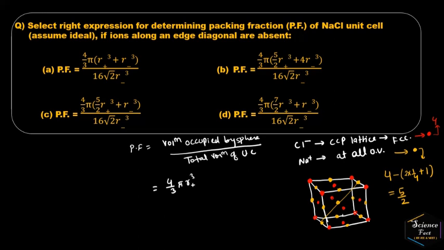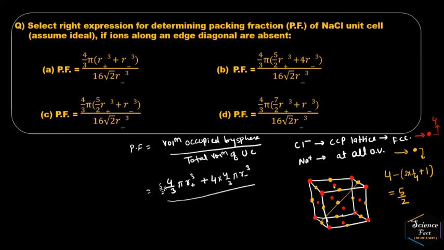The effective number of Na+ spheres is 5 by 2, so 5 by 2 into 4 by 3 pi r plus cube is the volume of total cations, plus the total number of anions, which is 4, so 4 into 4 by 3 pi r minus cube, divided by the total volume of the unit cell.